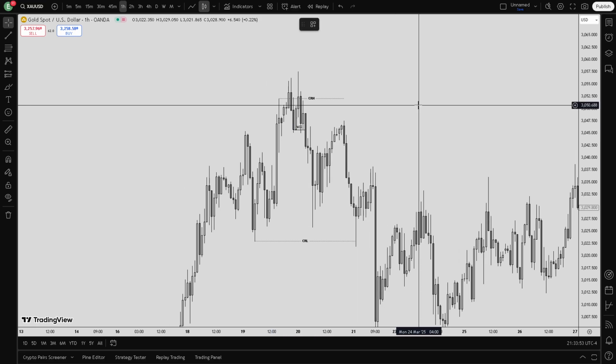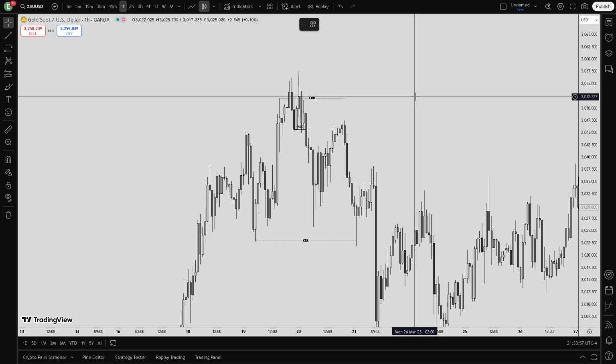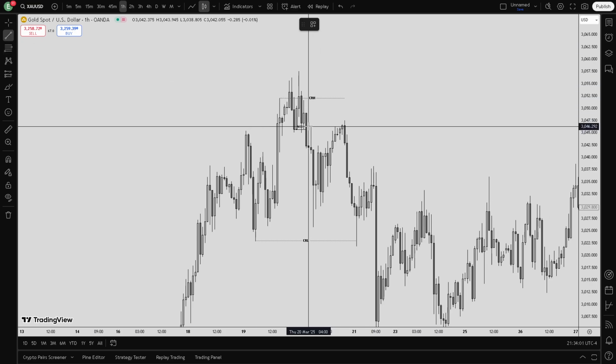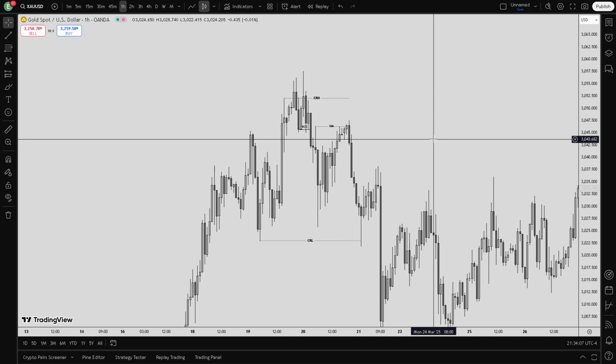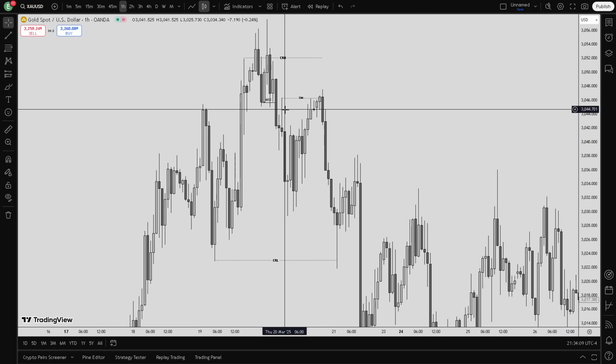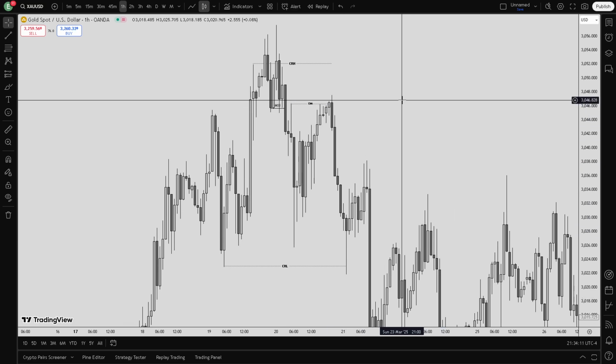Now I want to find my entry. First of all, I'm always using inducement, IDM, which is a fake out of liquidity to stop the trader. So here it's my IDM. You want to spot a liquidity before a big move. Like this.